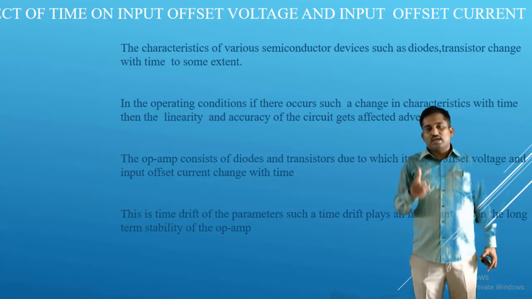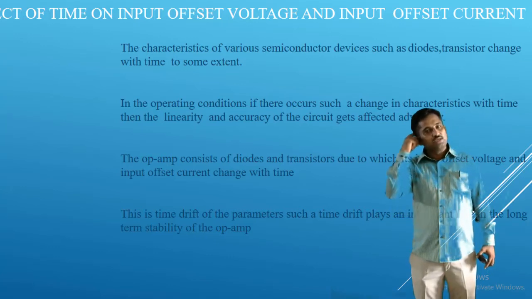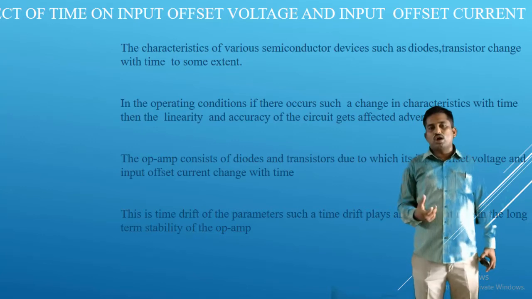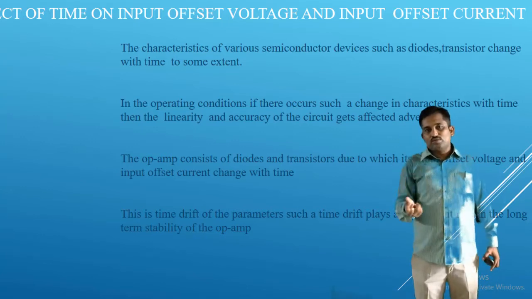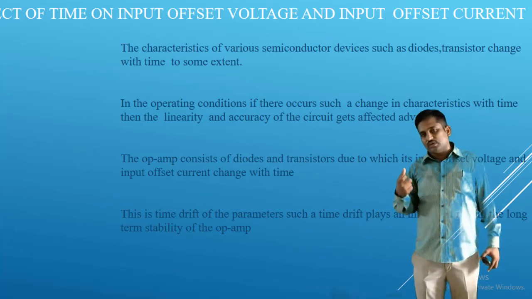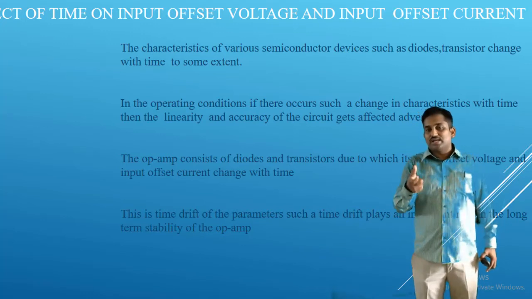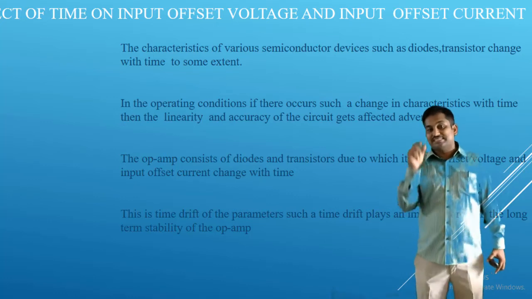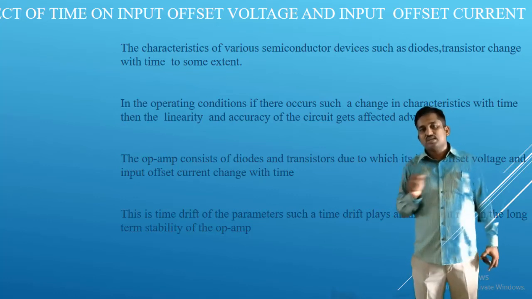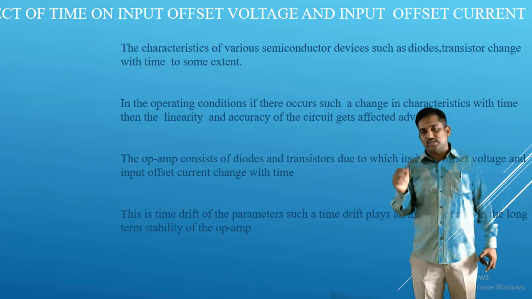Here the input offset current drift is the ratio of rate of change of input offset current with respect to the rate of change of time, expressed as delta IOS divided by delta t. Why?